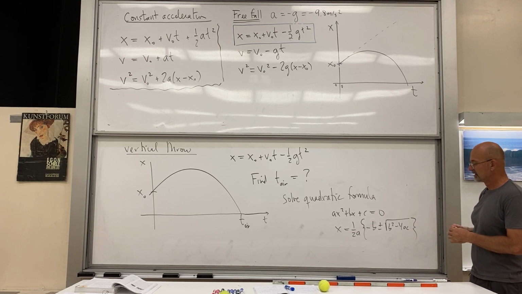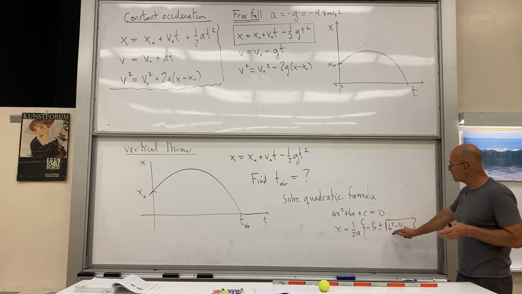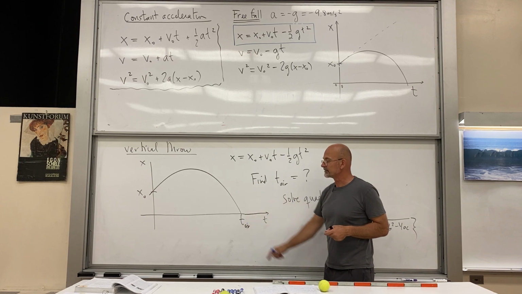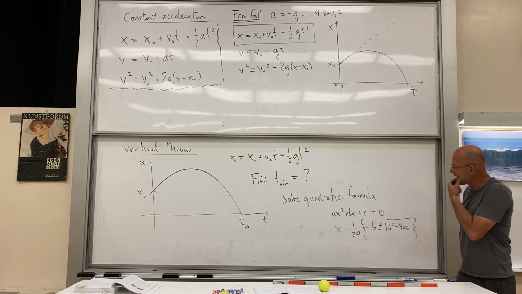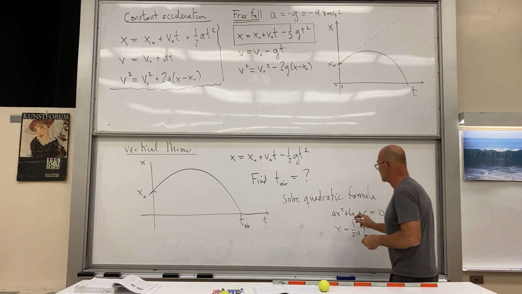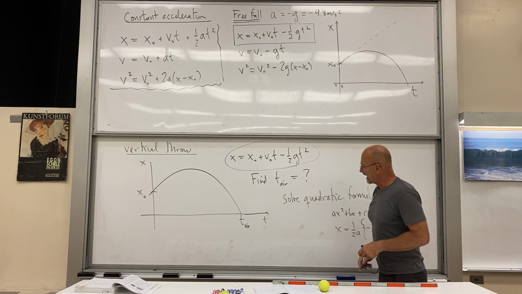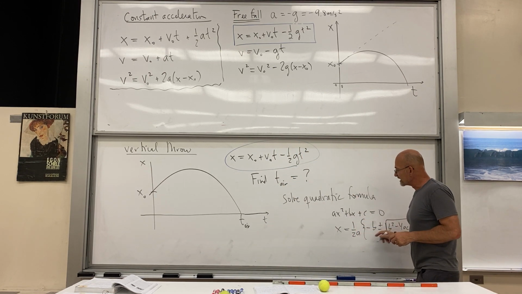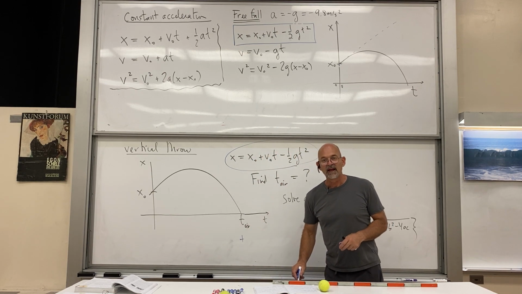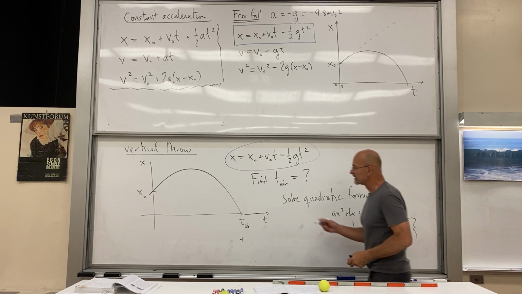But it's interesting. There are 2 solutions here. Which one gives us the air time? Okay, so you're scratching your head about that. There are 2 times. And what you'll see is there's a plus minus, and this one would be the one with the plus sign. And what's the meaning of the other solution, the minus sign?